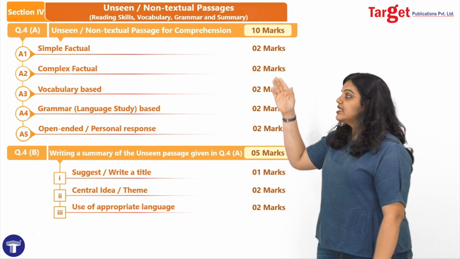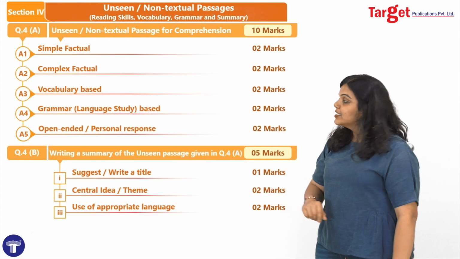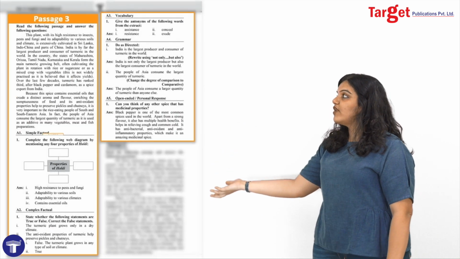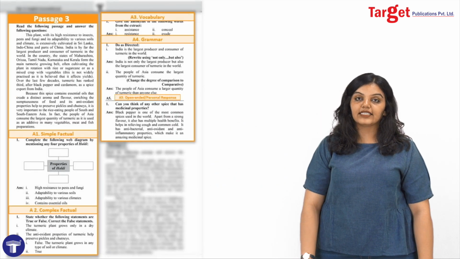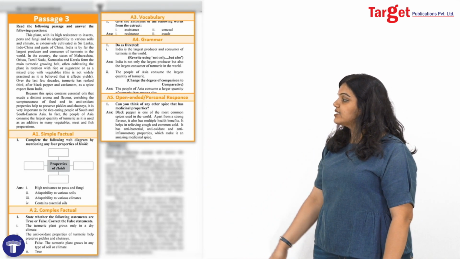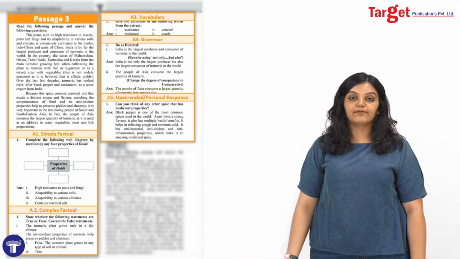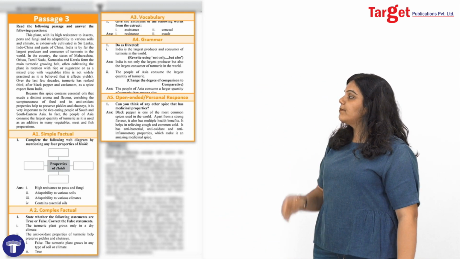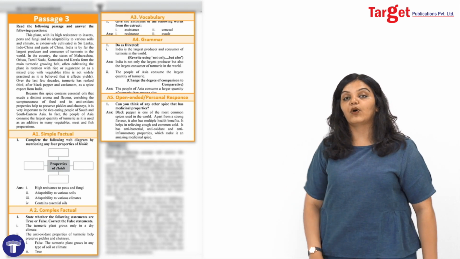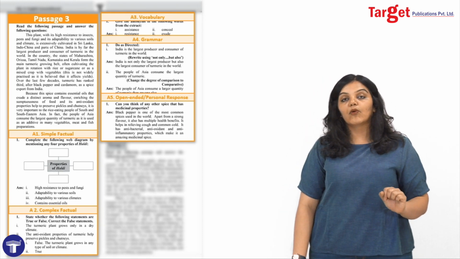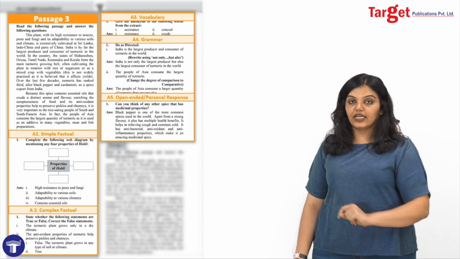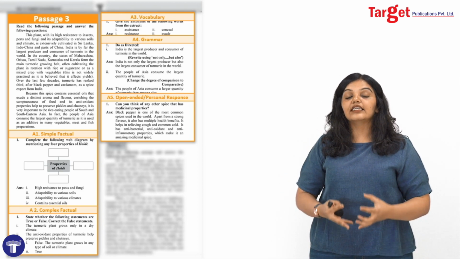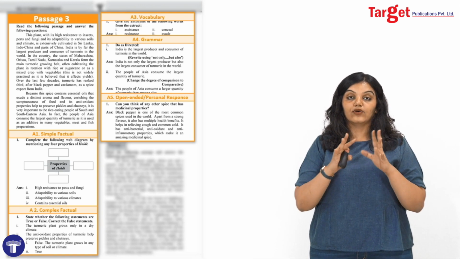Now remember that this is an unseen passage question. So to help you understand and answer unseen passages, we have provided you with many such unseen passages, all following the format of having the 5 different types of questions. I want to take this moment to also reiterate the fact that open-ended and personal response questions have been recently given a lot more importance in your syllabus.